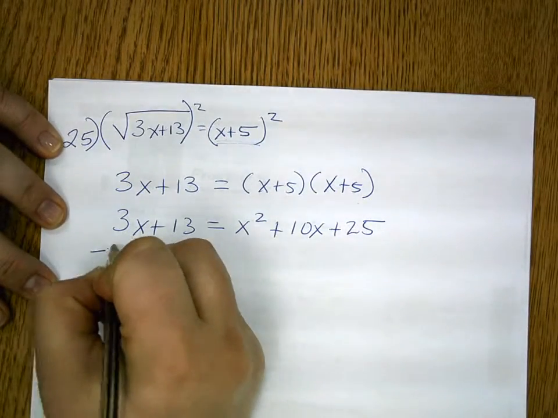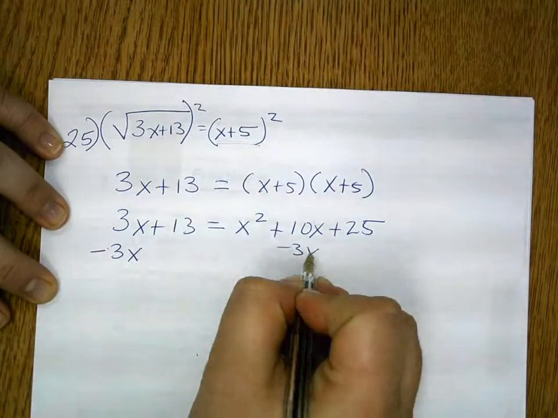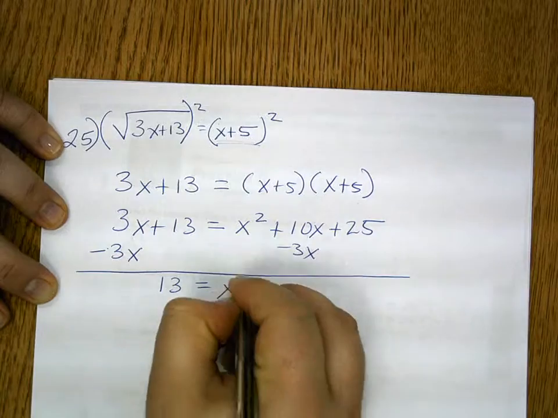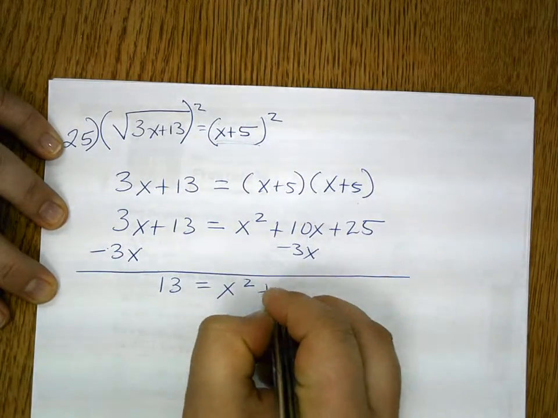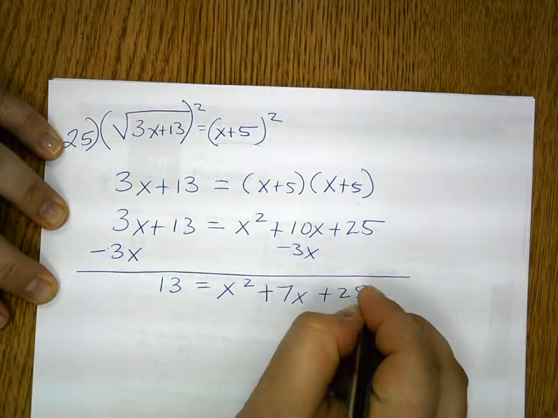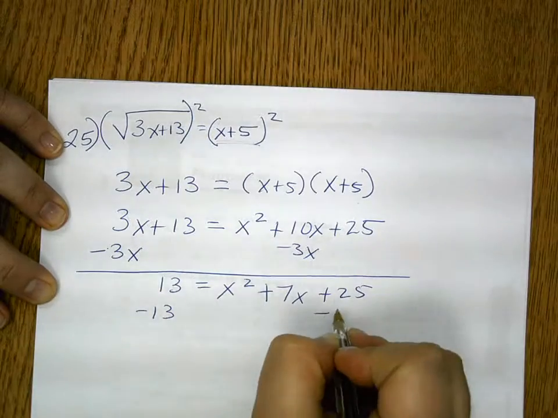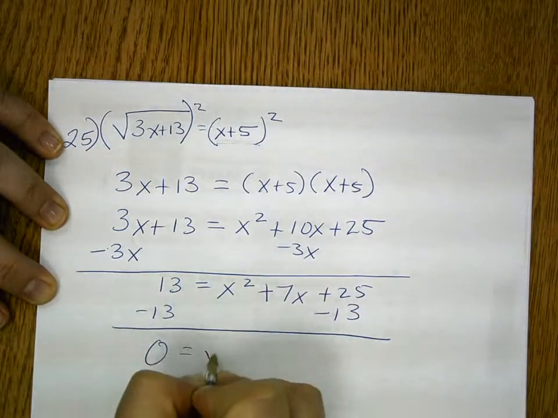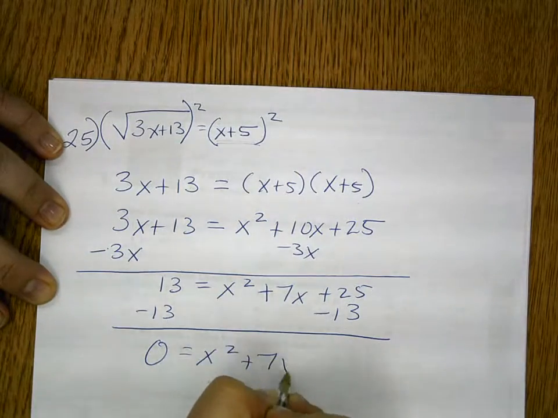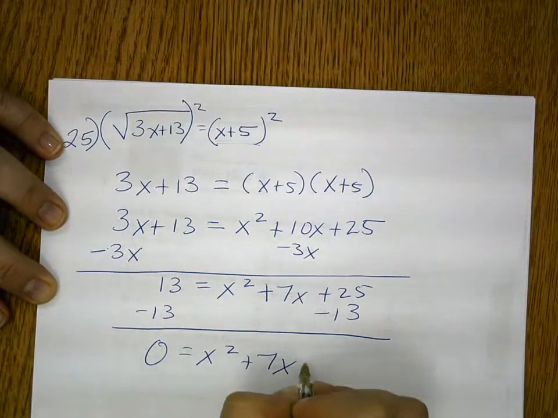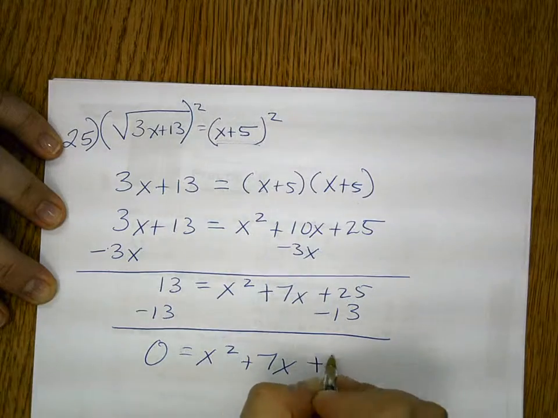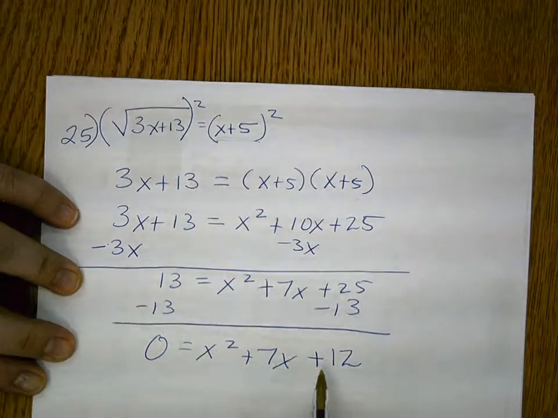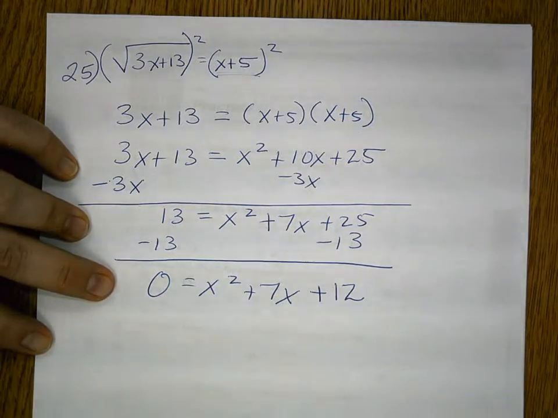Now, take away 3x on both sides. Now notice that I'm showing every single one of my steps. A lot of you guys take a lot of shortcuts, and that's why you get a lot of computational errors. And so now we have to factor.